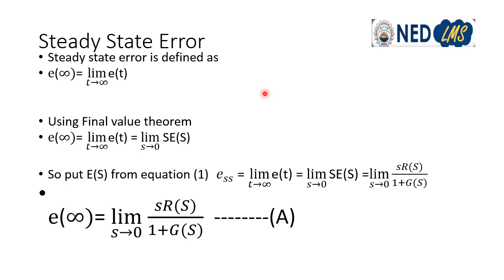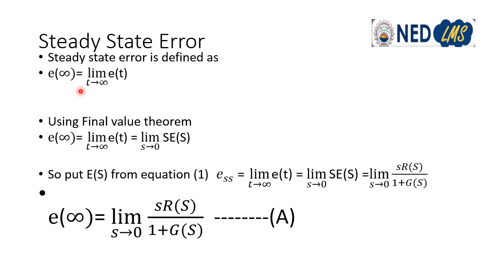We have discussed that in the time domain, it is the actual value of the output at a steady state. Ideally we obtain this value at time infinity. So at time t tends to infinity, E(t) gives E(infinity), which is defined as the steady state error.